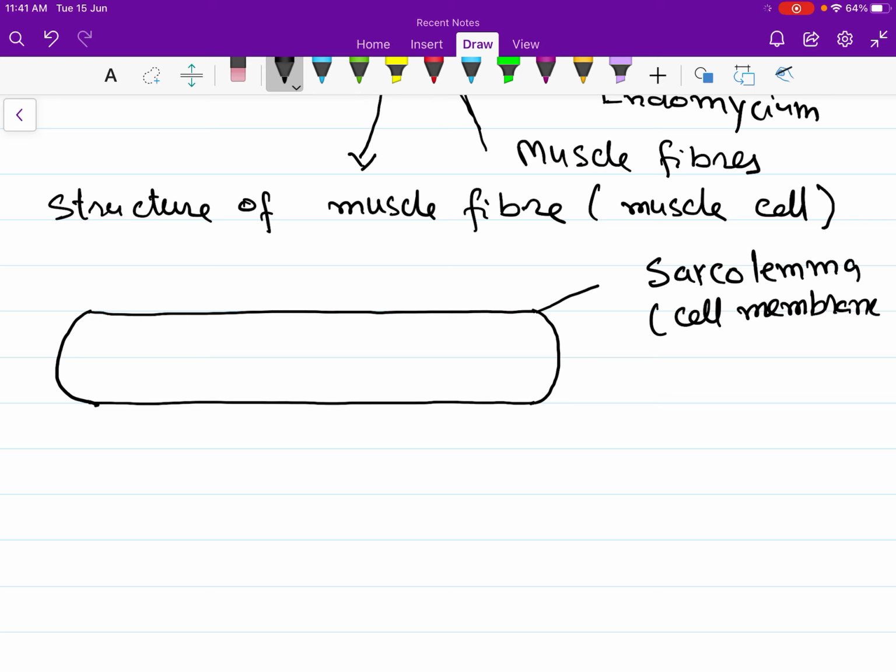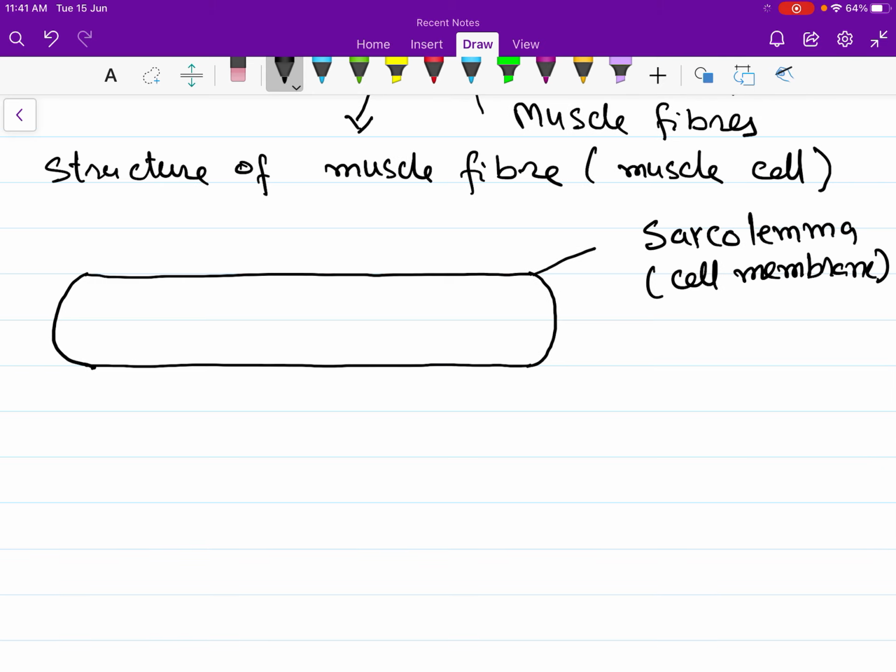For the cell membrane of a muscle cell, a specific term is used, sarcolemma. Similarly, the cytoplasm within this sarcolemma is called sarcoplasm. In other words, the cytoplasm of a muscle fiber is called the sarcoplasm.